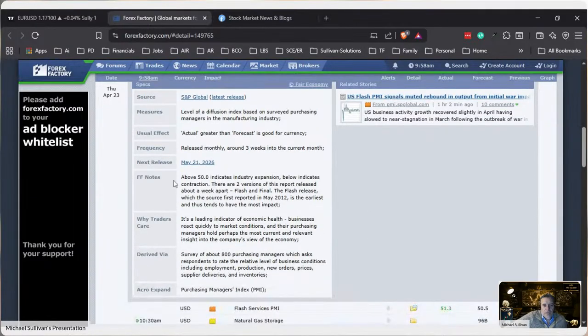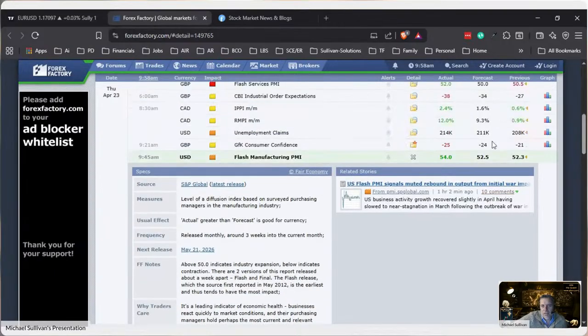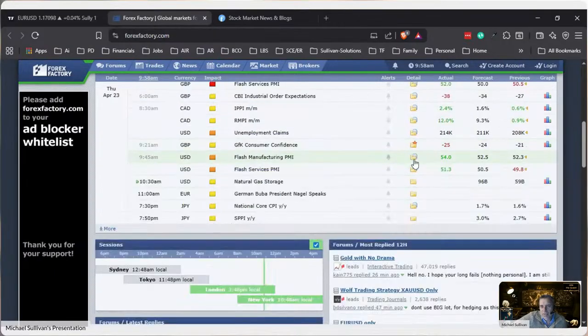So this is the level of diffusion index between surveyed purchasing managers and manufacturing. So basically just looking at the difference between purchasing and manufacturing. So that's slightly up, slightly up.